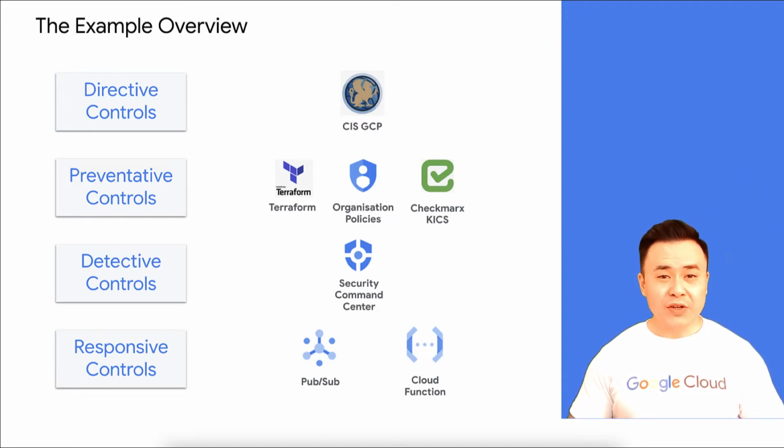For the detective controls and responsive controls, we will use the Security Command Center Security Health Analytics feature, and we will use the Pub/Sub and Cloud Function combination to run the event-driven workflow as our responses.